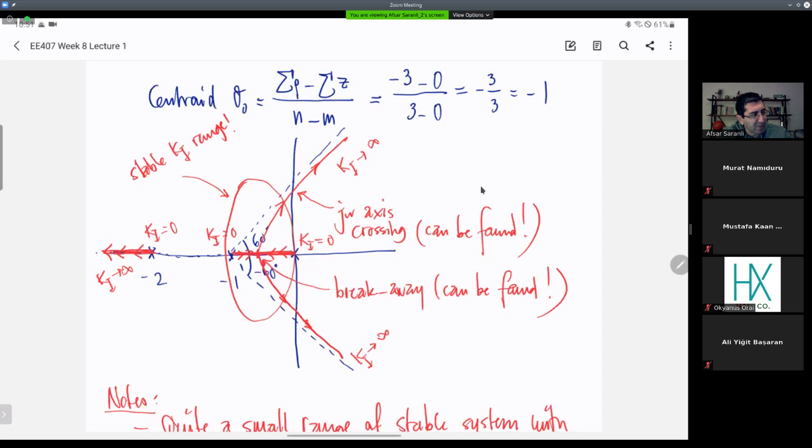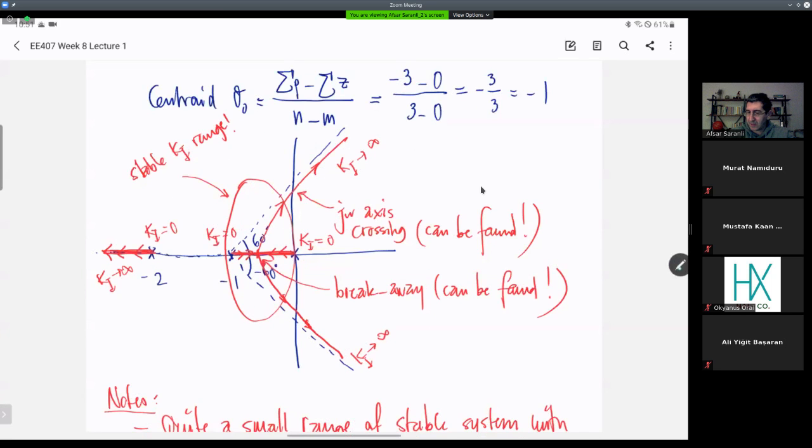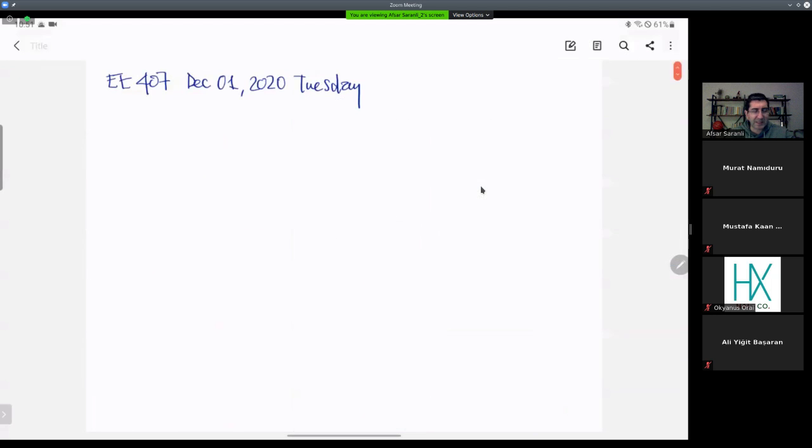So the next thing we will discuss is to combine the integral controller with a proportional controller, and we will see that that's going to partially alleviate some of these issues. Let me go back to a clean slide.